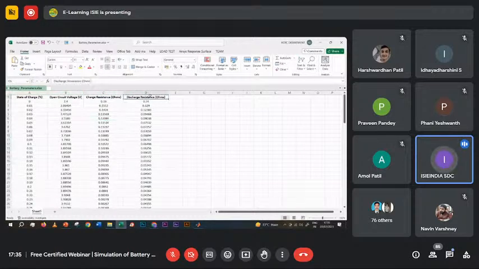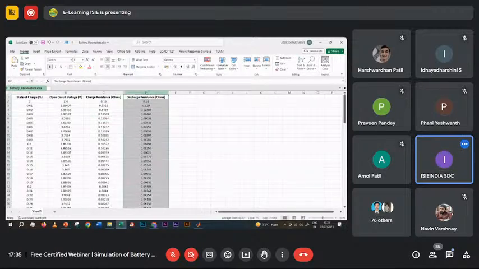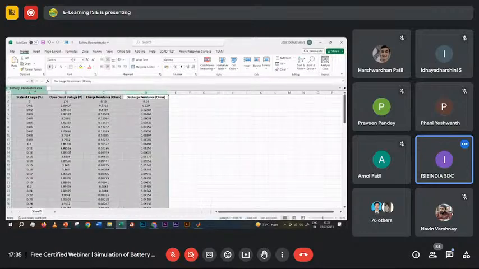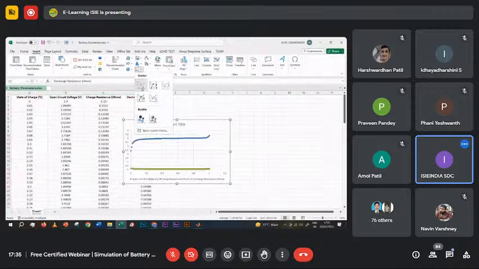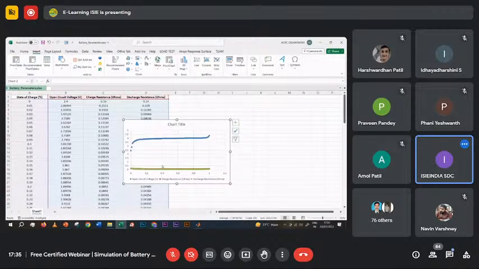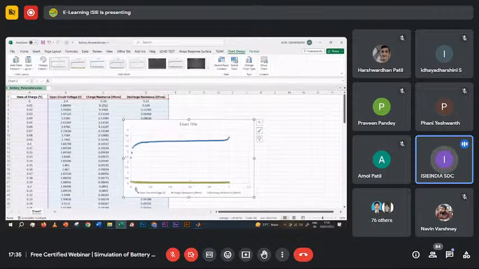If I select all this block now, SOC will be downwards, but this discharge resistance will also be present here.